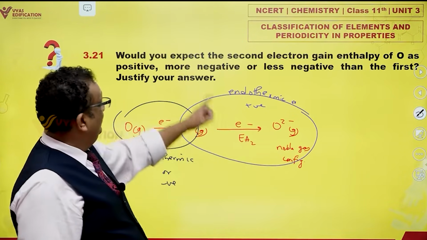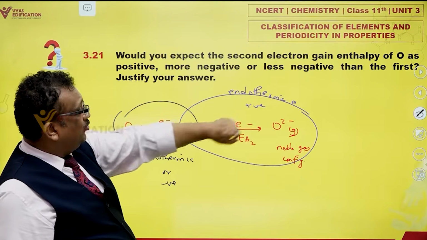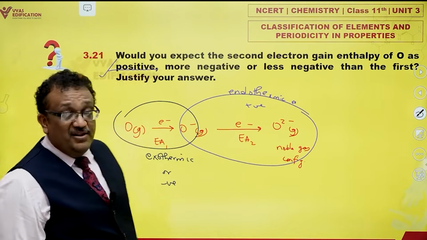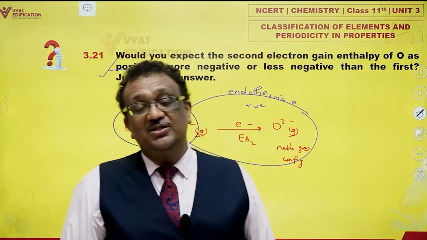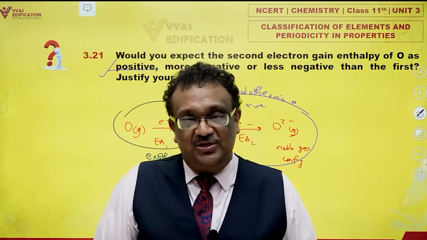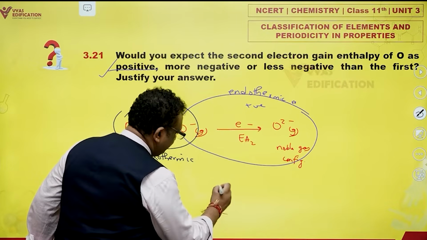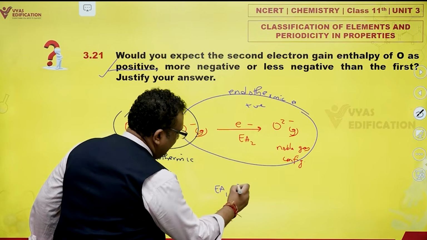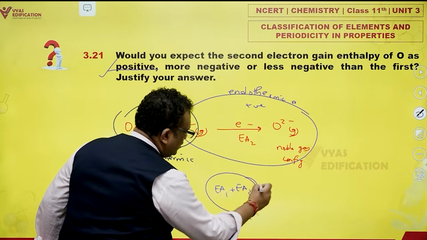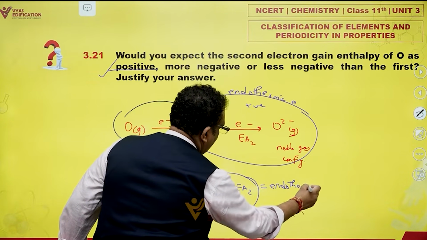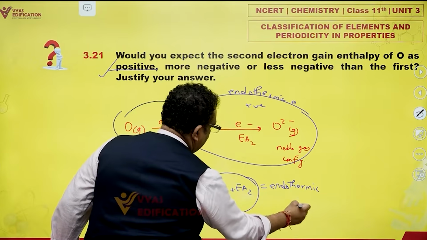Second electron affinity. They said, would you expect the second electron gain enthalpy of O as positive? Yes, it is expected to be positive, while the first one was actually negative. And it is so positive that the overall reaction, if you add up EA1 plus EA2, is also endothermic only.